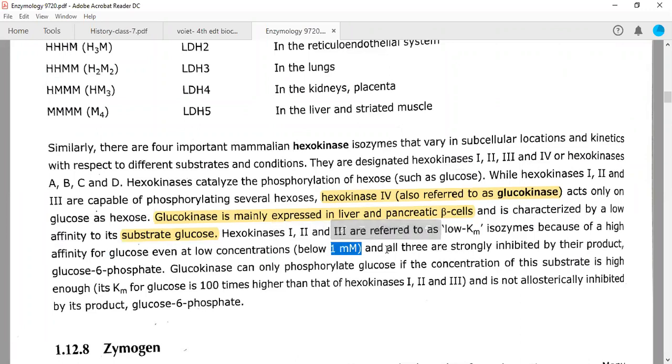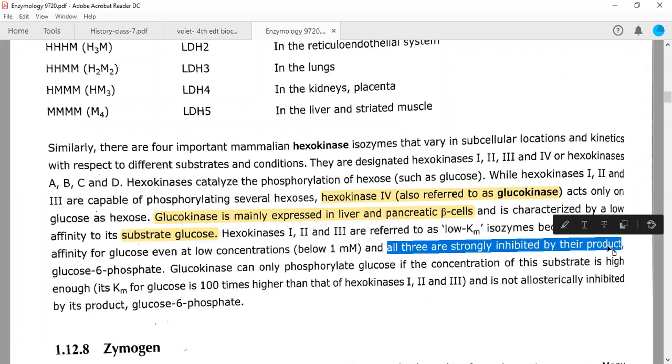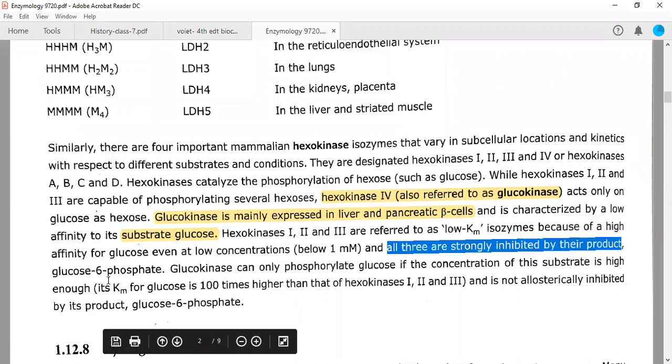All three are strongly inhibited by their products, so this is actually a bad thing. Once they phosphorylate, glucose 6 phosphate will be formed, and because of the high affinity, it will inhibit that particular enzyme, either 1, 2 or 3. But hexokinase 4, which is actually called glucokinase, has less affinity because it is a high Km enzyme. So glucokinase can only phosphorylate glucose if the substrate concentration is high enough.